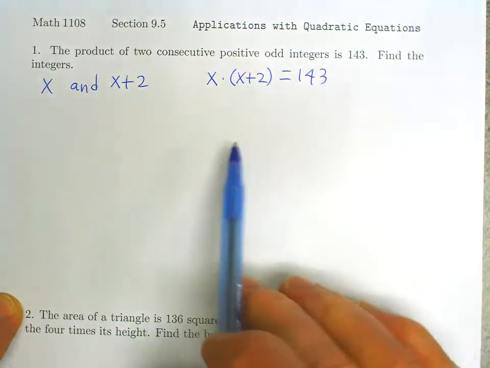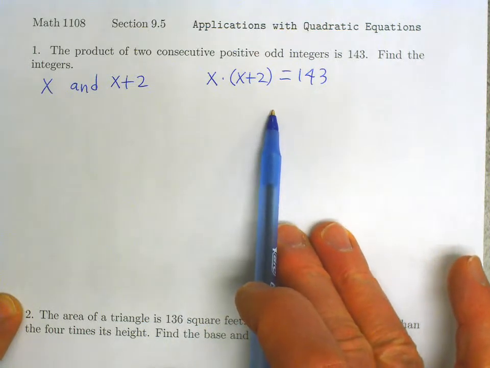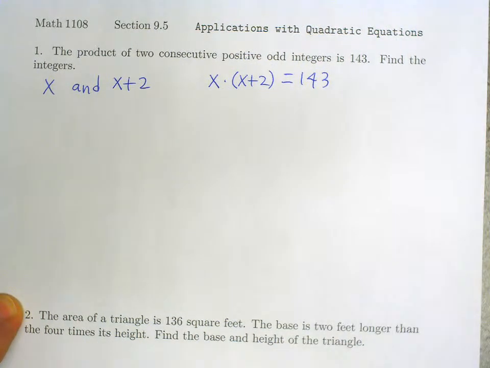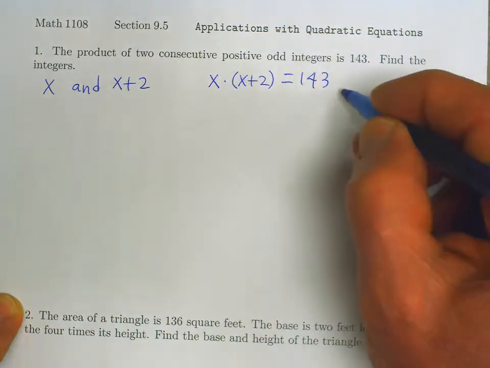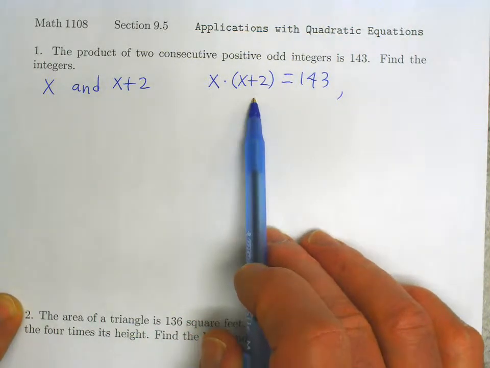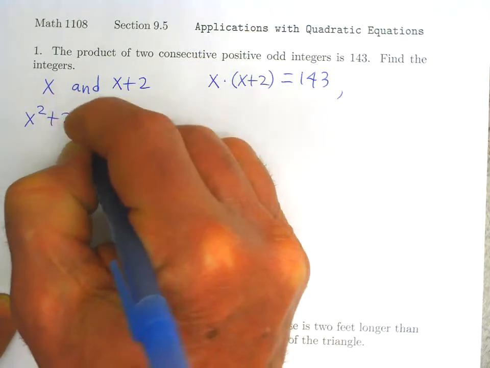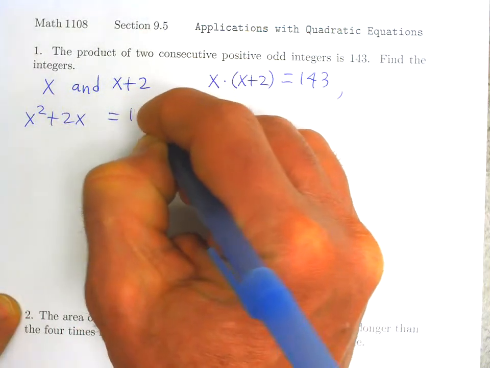Okay, so this is just a quadratic equation. It's not in standard form. First, we'll multiply x times the binomial x plus 2, and we get x squared plus 2x equals 143.